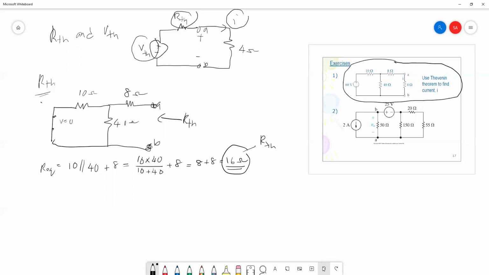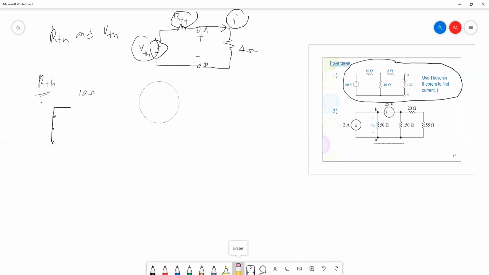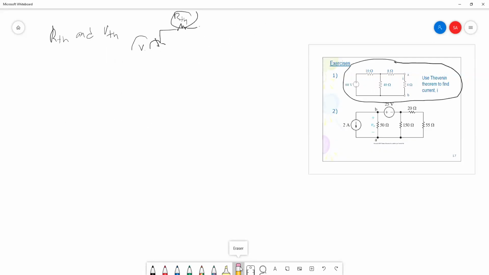Now to get the V equivalence, the VTH. This is the circuit, 60 volts.